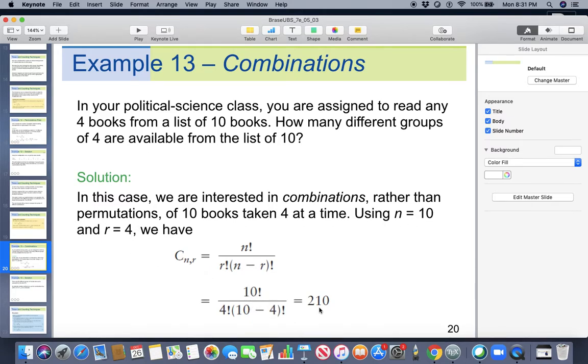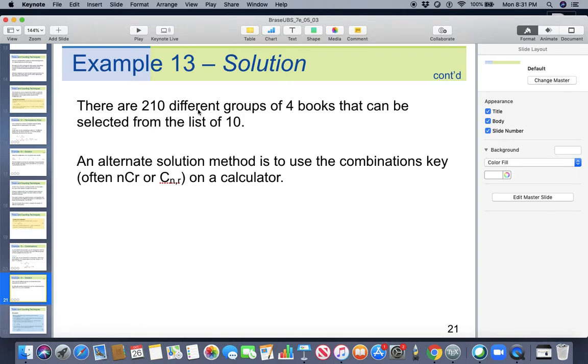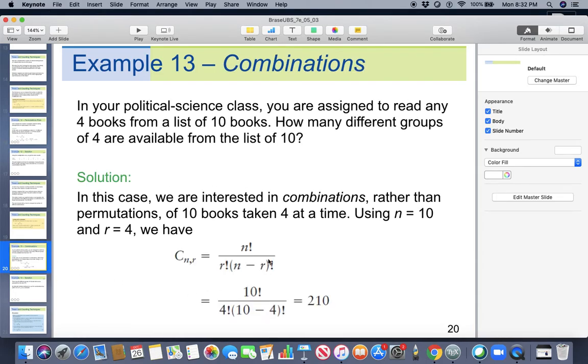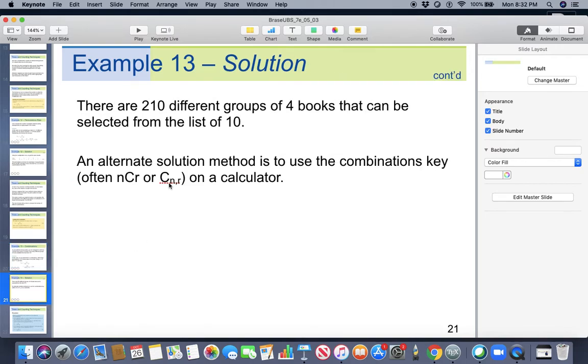And substituting, you get 10 factorial over 4 factorial times 10 minus 4, 6 factorial. And let's see, eventually you get 210. There are 210 different groups of 4 books that can be selected from the list of 10. An alternate solution method is to use a combination key, nCr, on a calculator. Okay, if you don't wish to use this formula, you can use a calculator using these keys.